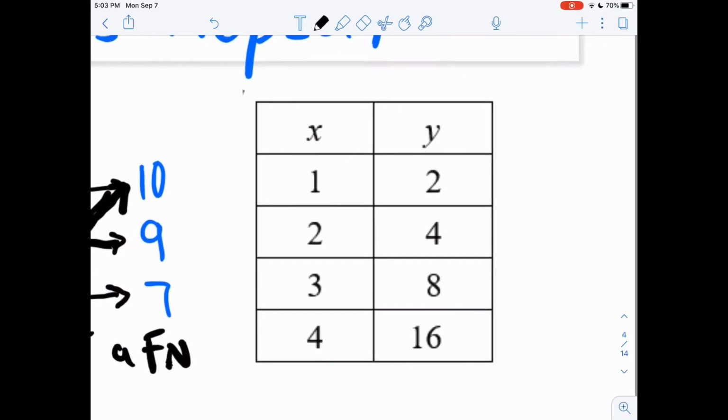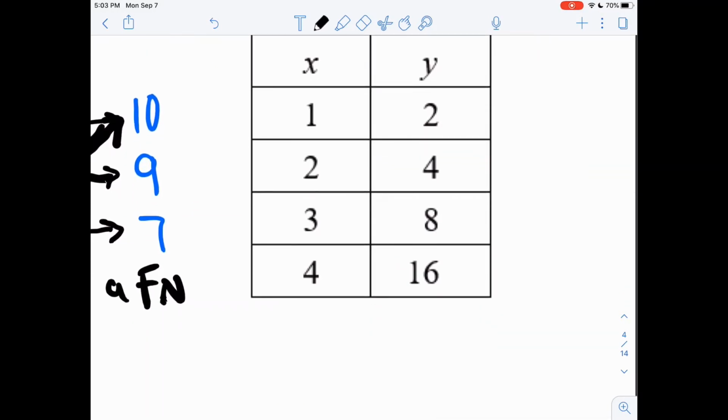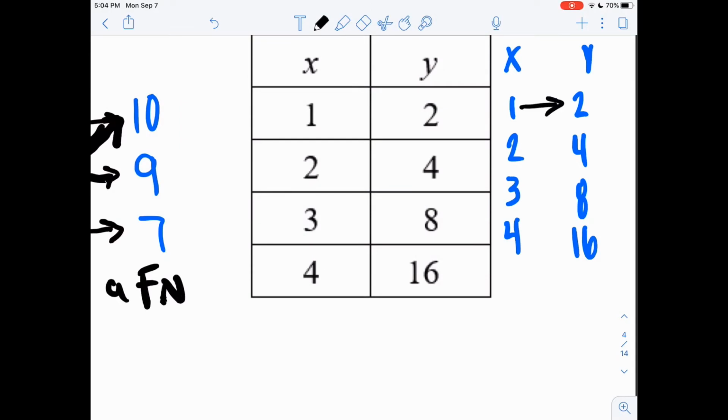So let's look at the last problem. I'm going to map my inputs to my outputs. My inputs are 1, 2, 3, and 4. My outputs are 2, 4, 8, and 16. And when I map them to each other, 1 maps to 2, 2 gives me 4, 3 gives me 8, 4 gives me 16.